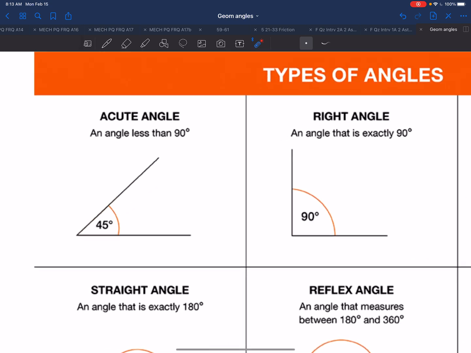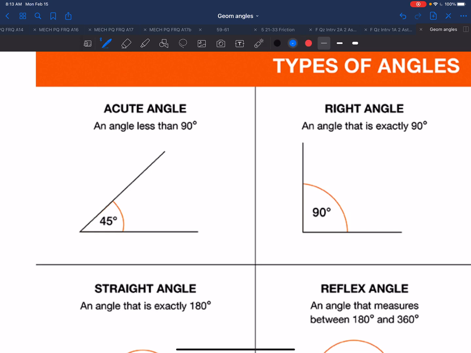If we look at this picture down here, we have this line or ray and this line or ray. Now this is an arc, and this is the angle. This location here is called the vertex.